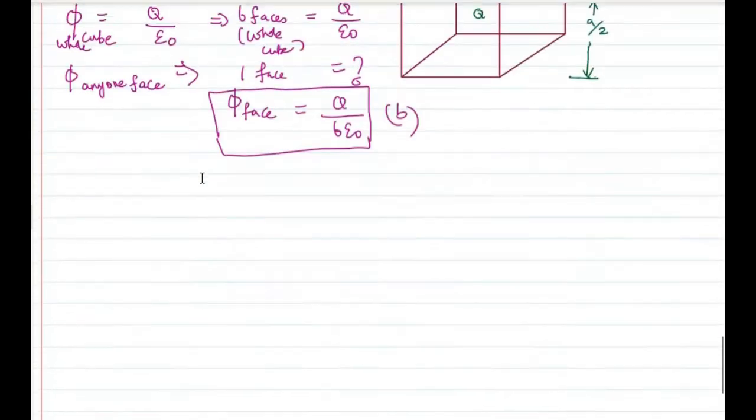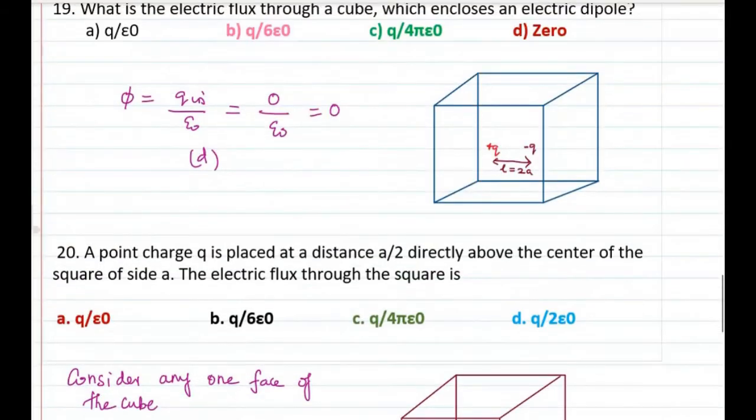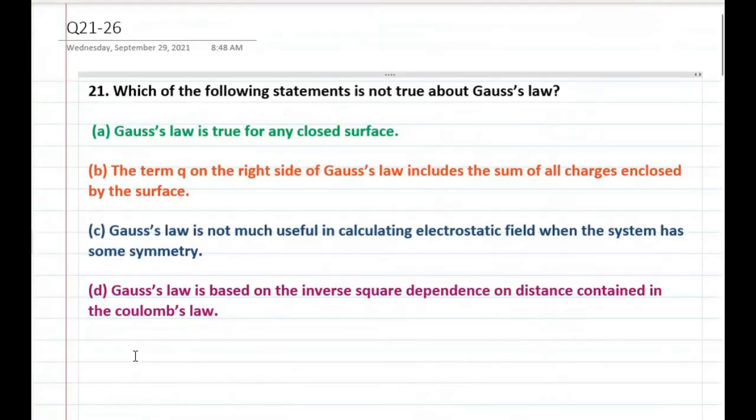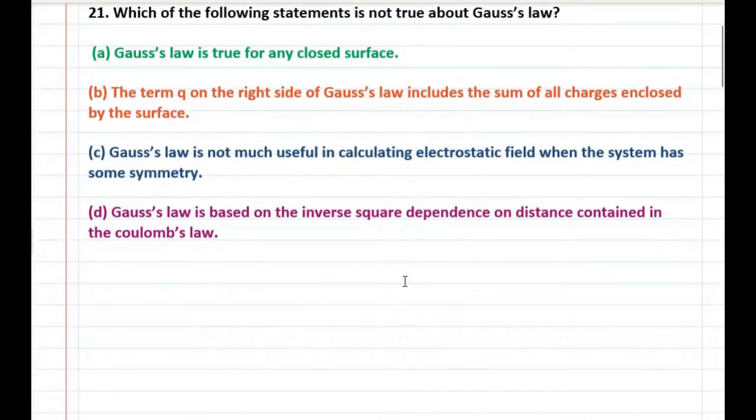Okay, next. Which of the following statements is not true about Gauss law? Gauss law is true for any closed surface? Yes, we dealt with that. Gauss law is applicable only for closed surface. The term Q on the right side of Gauss law indicates the sum of all charges enclosed by the surface. Yes, correct. So Gauss law is Q by epsilon naught, so the right side Q gives you the total charges enclosed.